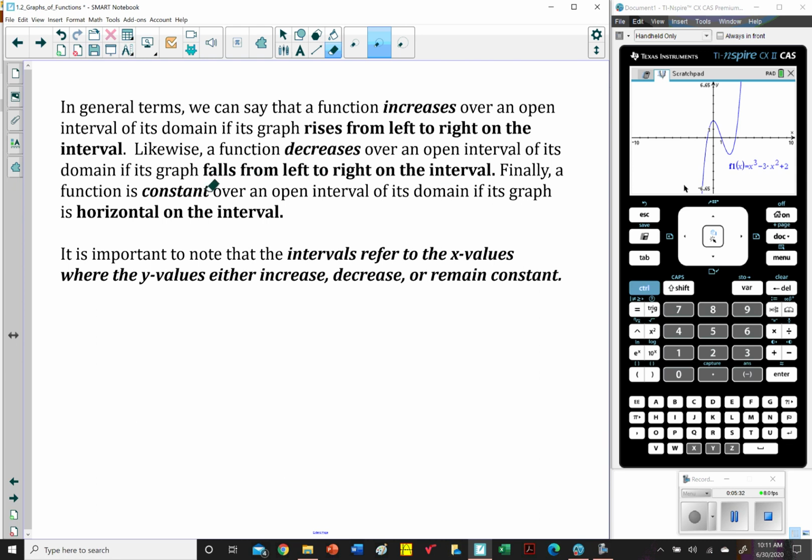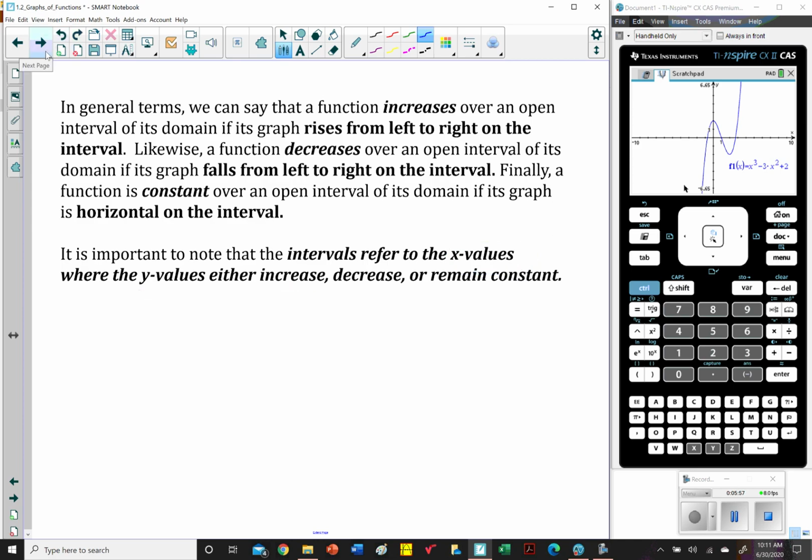You notice how I'm thinking about reading graphs like we read a book. Now, it's really important that you pay attention. You're talking about x values, not y values. We're looking for intervals of x values where the y values are going up, going down, or remaining constant.